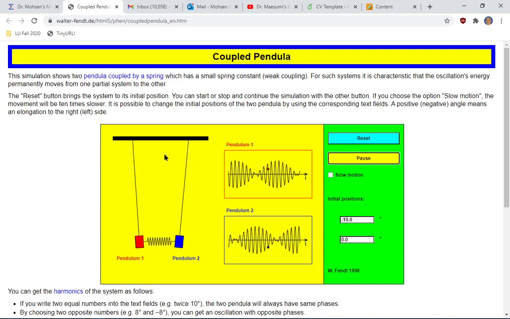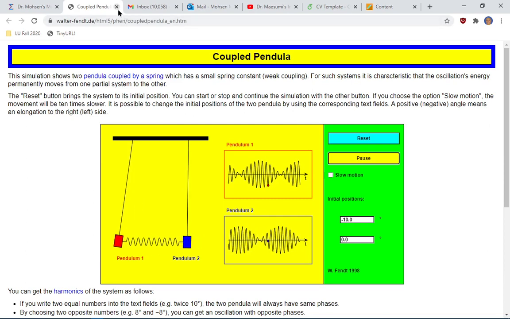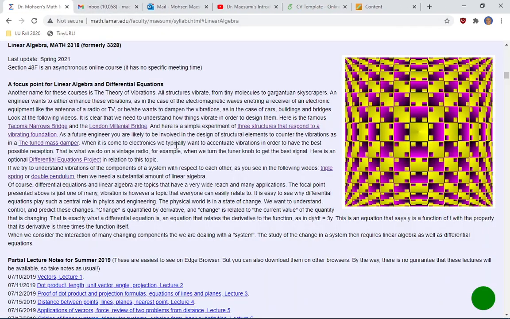That system reflects the presence of several entities whose movements influence each other. To analyze that, we need linear algebra. And then, of course, to analyze motion, we need differential equations. Together, we have theory of vibrations. So, that is a justification for this class.